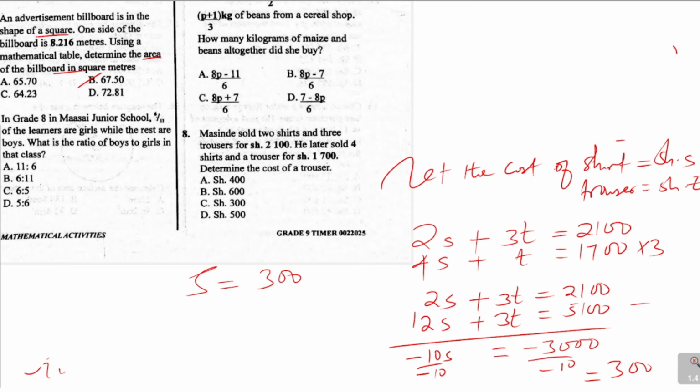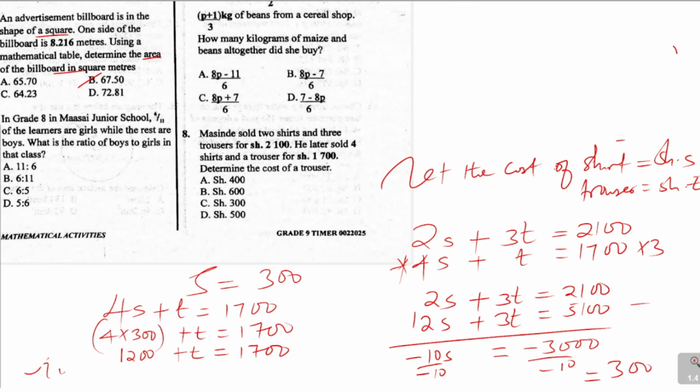So what about a trouser? For a trouser, we are going to use this equation, 4s plus t is equal to 1700. Not the one that we have multiplied, but the original one. We substitute when s is 300, so 4 times 300 will give 1200 plus t is equal to 1700.